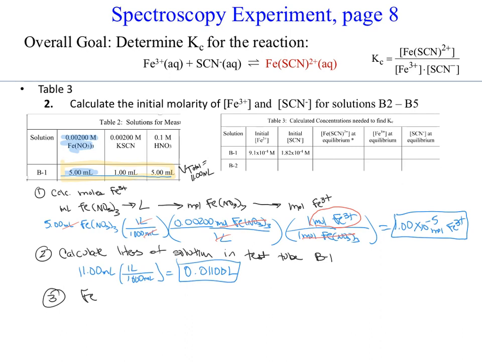So the molarity of Fe3+ initial equals 1.00 times 10 to the negative 5th moles of iron 3 divided by 0.01100 liters, and I end up with, so my number on my calculator just divided by 0.011, 9.09, so with 2 sig figs, we see 9.1 times 10 to the negative 4th molarity iron 3 plus for the initial concentration.